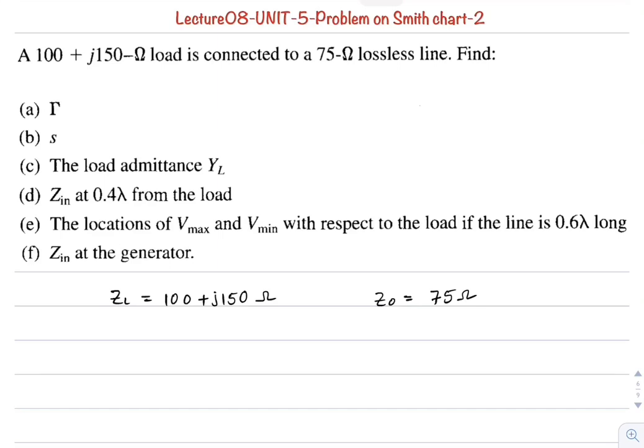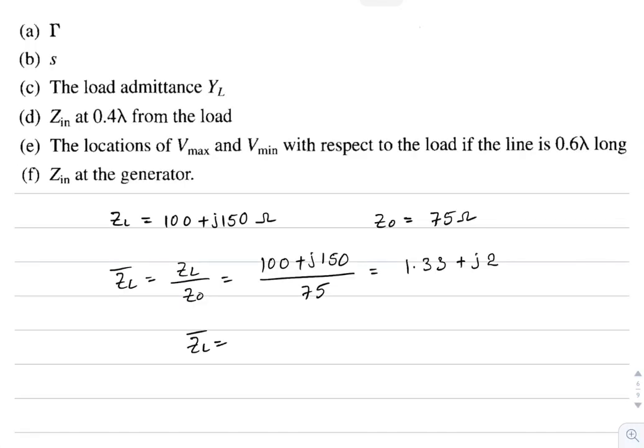Therefore, normalized load value equals ZL by Z0, that is equal to (100 plus j150) by 75, that is equal to 1.33 plus j2. ZL bar equals R plus jX equals 1.33 plus 2j. R value is 1.33 and X value is 2.